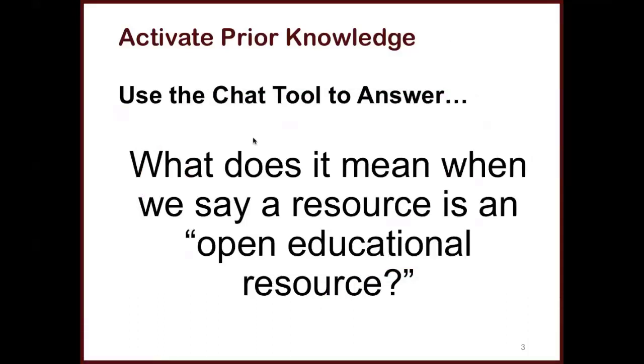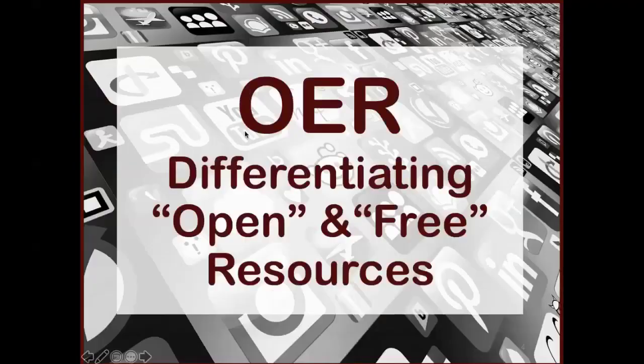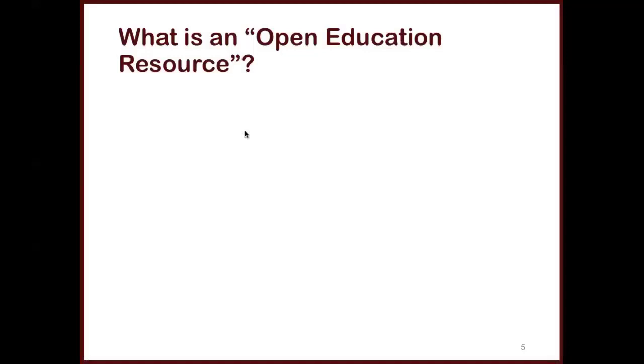All of these are correct. So what we're going to look at now is differentiating between open and free resources. And actually at that conference that I mentioned in the spring, Ashley Winkle and I did a full-blown session, where you could literally spend an hour and a half and more on understanding the ins and outs of open education resources. But for our purposes, we're going to do a quick walkthrough.